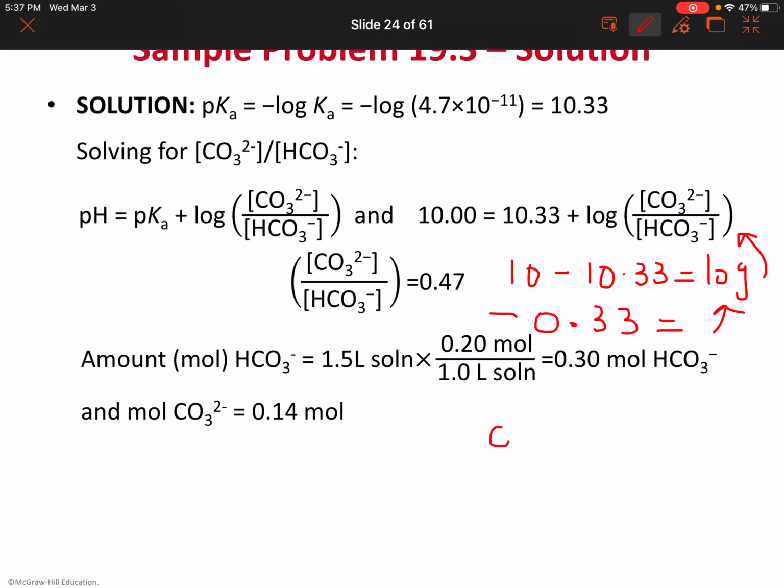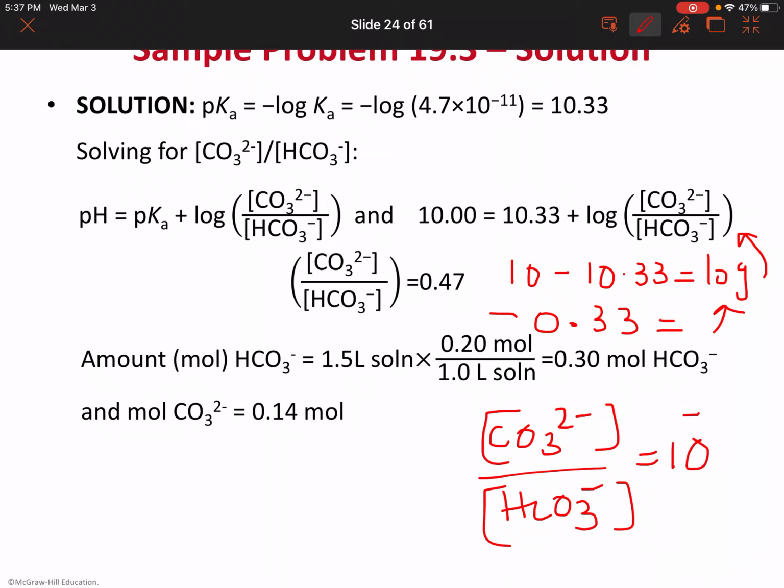So then carbonate, base over acid, is going to be 10 to the power of negative 0.33, and that gives you 0.467, about 0.47. So that's how you find the ratio. Okay, this ratio.